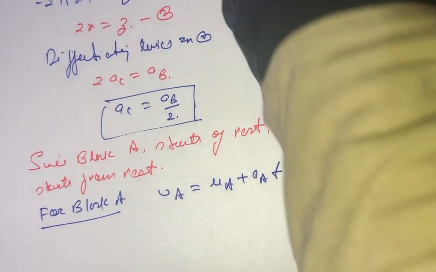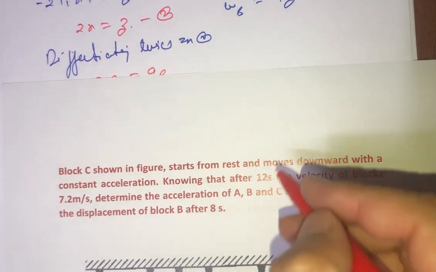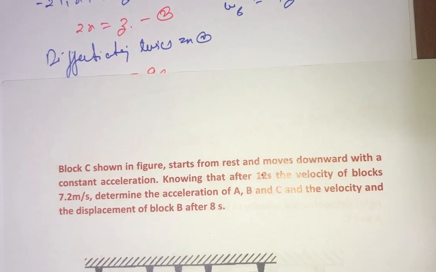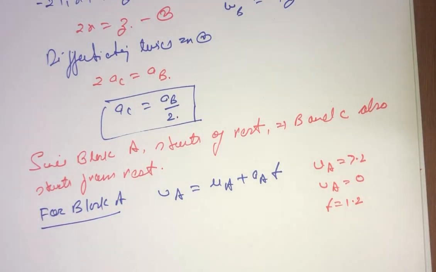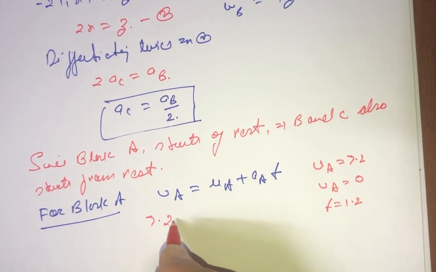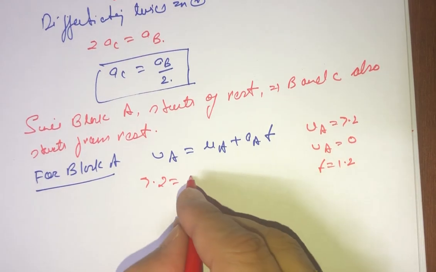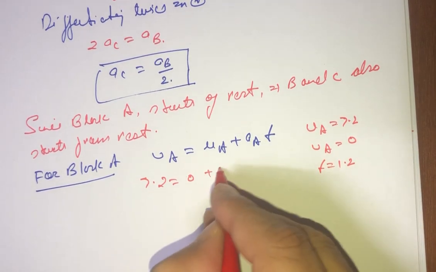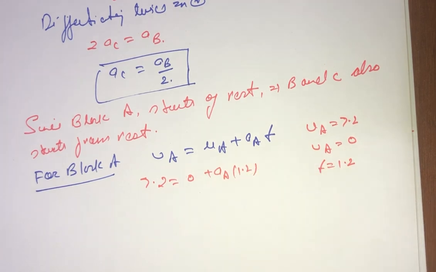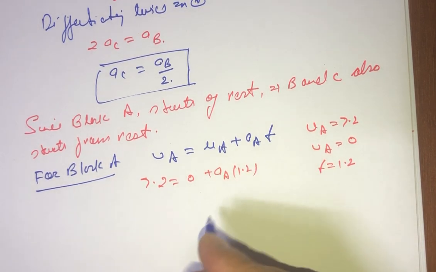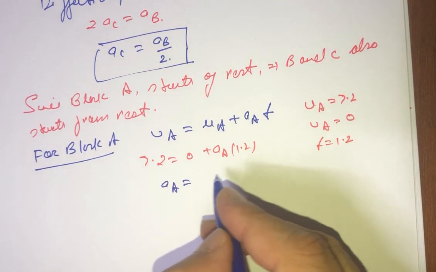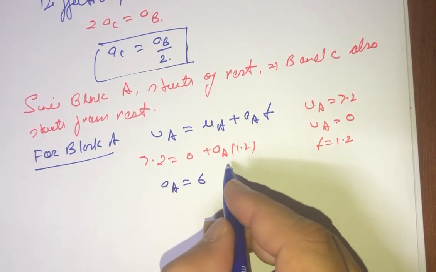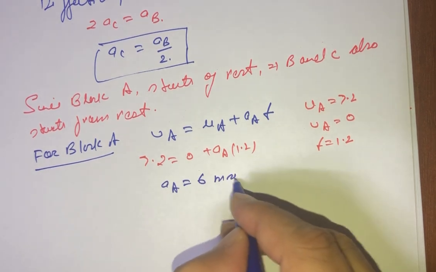Okay, so it should be 1.2, not 12 seconds. So substituting the values, VA was 7.2, so 7.2 is equal to 0 plus acceleration of A into 1.2. So acceleration of A is equal to 6 meter per second square.